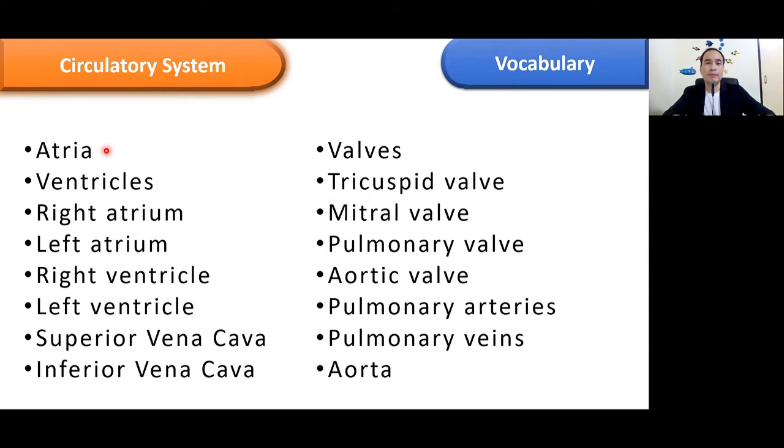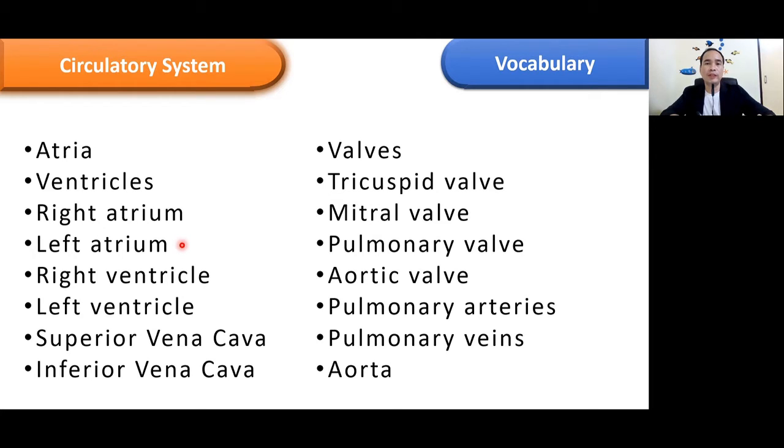Atria. Ventricles. Okay, next. Right atrium. Next.